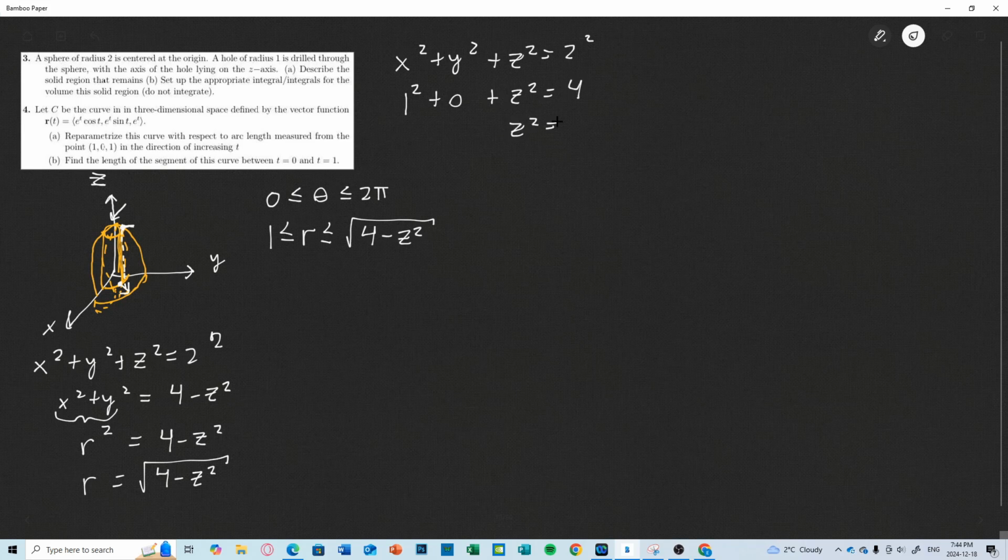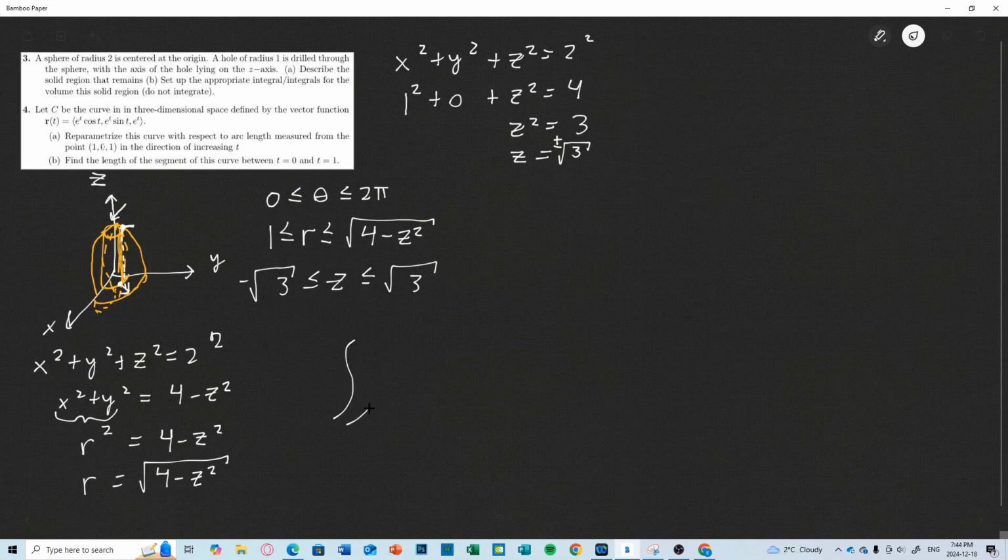So z squared is going to be equal to 3, and z is going to be equal to plus and minus square root 3. So that is what our z will be bounded by: negative root 3 to positive root 3.